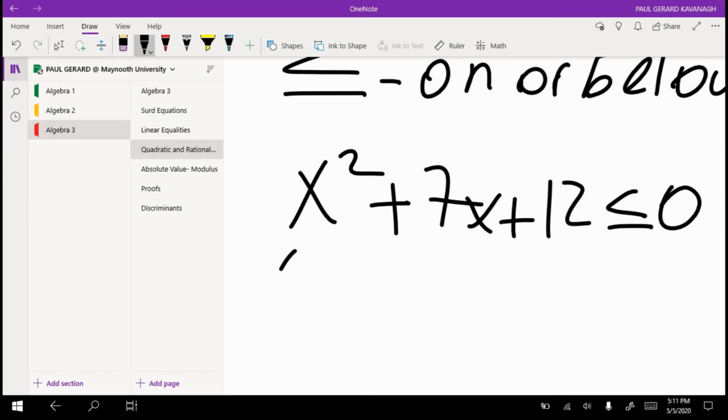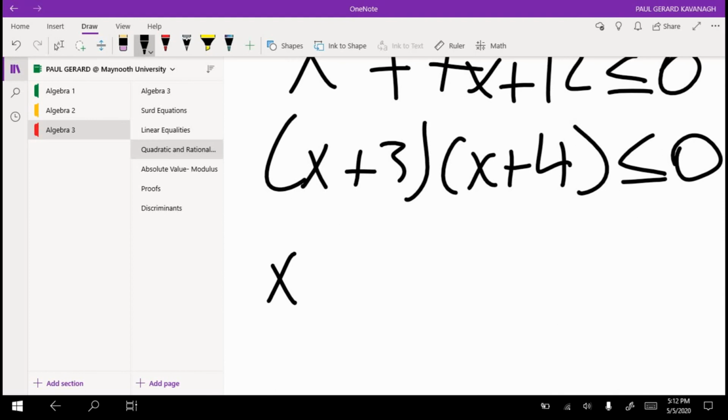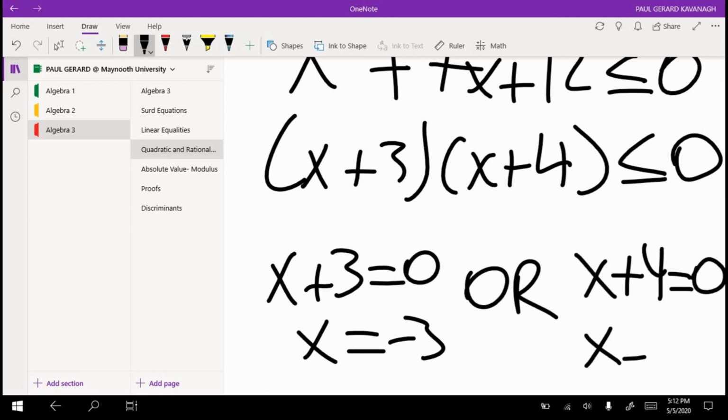So we're going to say x plus 3, x plus 4 is less than or equal to 0. And basically just take both of these out. So x plus 3 is equal to 0, x is equal to minus 3, or x plus 4 is equal to 0, x is equal to minus 4.